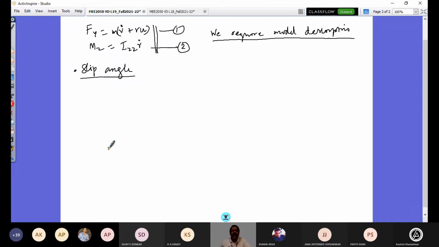So for that, I'm going to draw this. Let me take this as my ground plane, and this is my front view, and this is my top view below, right? What I'm going to draw now is the section of my tire wheel assembly, which is in contact with the ground. So this is my rim representation.